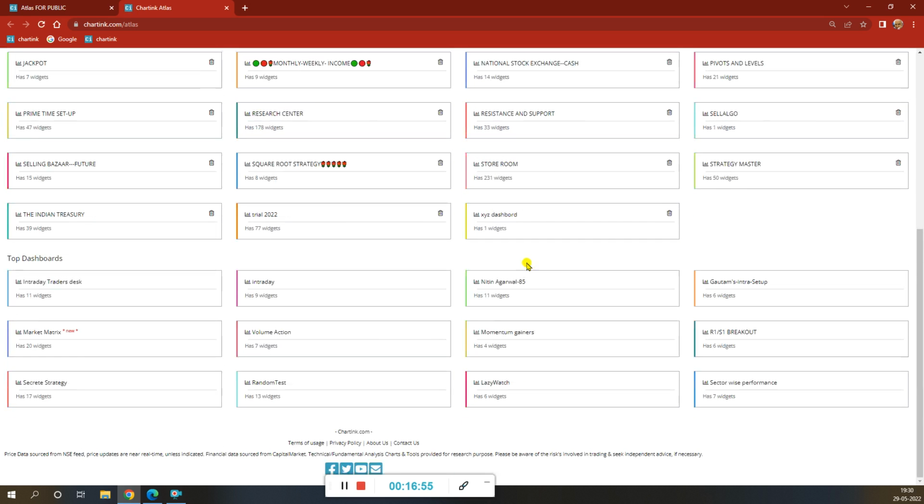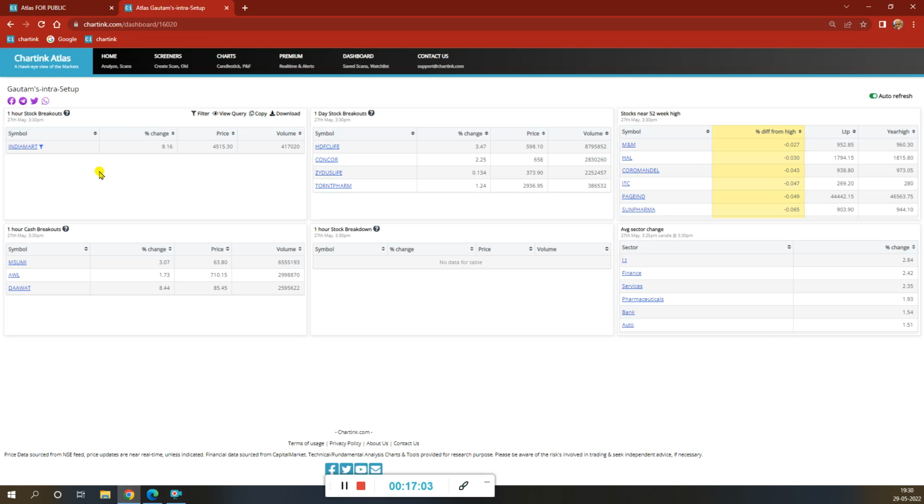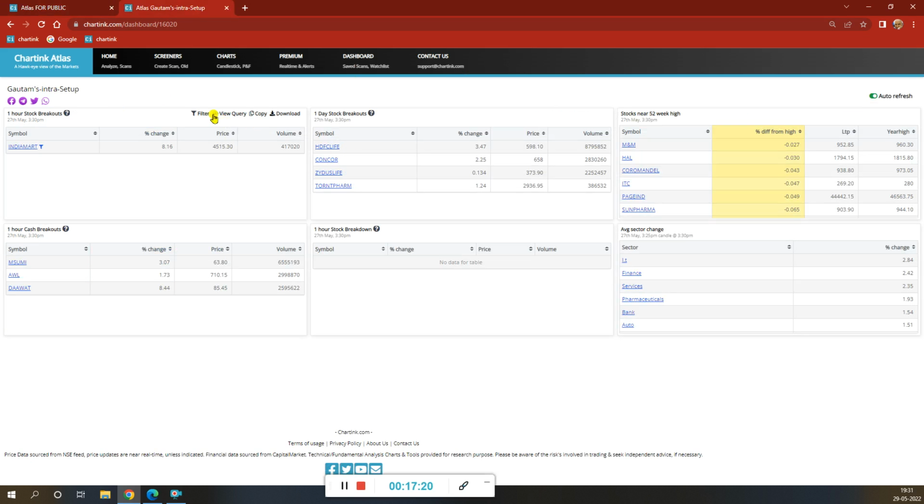How would this appear? This would appear like that when we click on any Gautam's intraday setup. So these are the top dashboards provided by the Chartink. So when you go to any dashboard, it would appear like that. So what you have to do, instead of these options which I am getting, because this is my creation, so I have already these options available, but when you are looking at the dashboard, you would be looking at these options: filter, view query, copy and download.